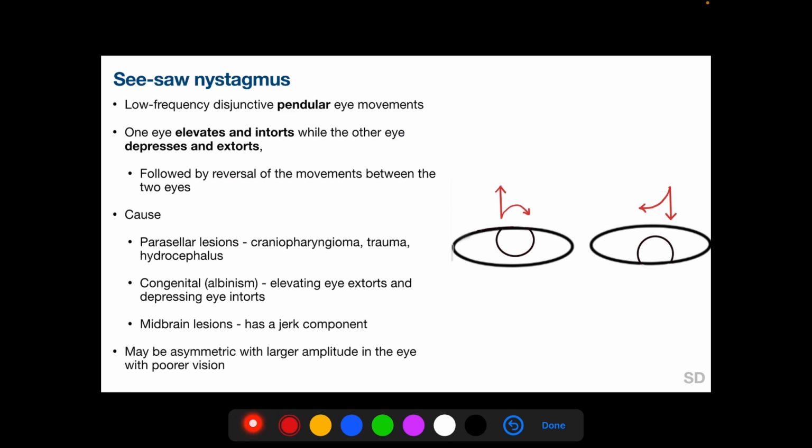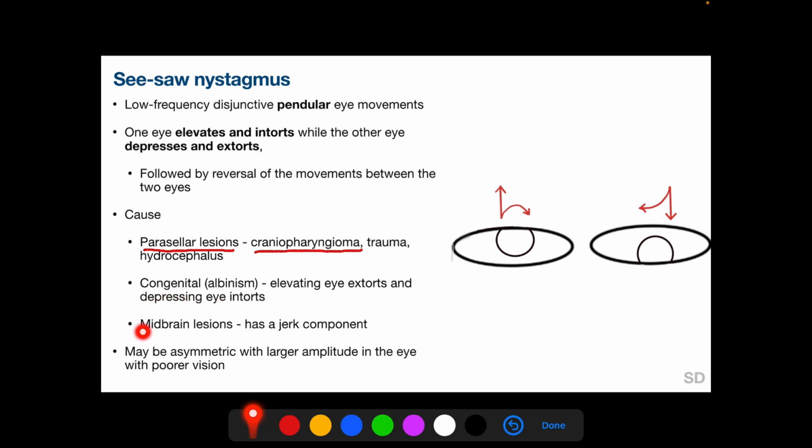The typical seesaw nystagmus occurs with a parasellar lesion, and craniopharyngioma is important to remember. It may also occur with trauma and hydrocephalus. Congenital albinism may also have a seesaw nystagmus pattern, but with the elevating eye extorting instead of intorting and the depressing eye intorting instead of extorting.